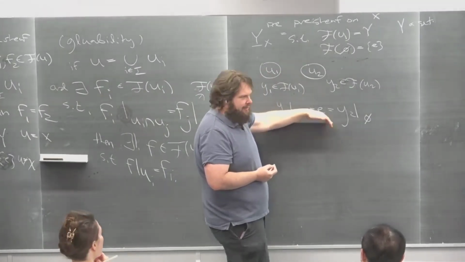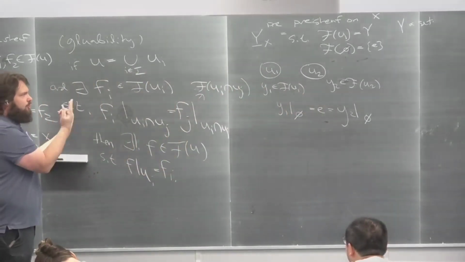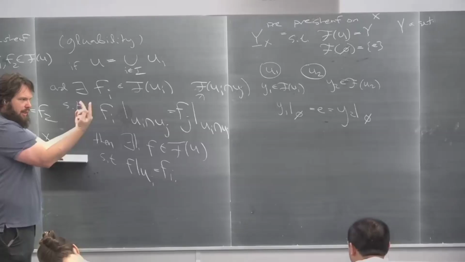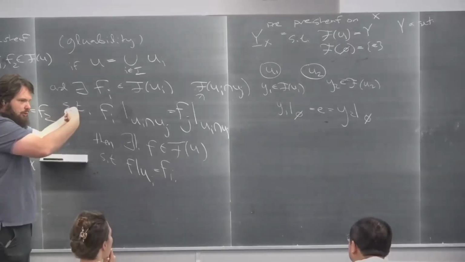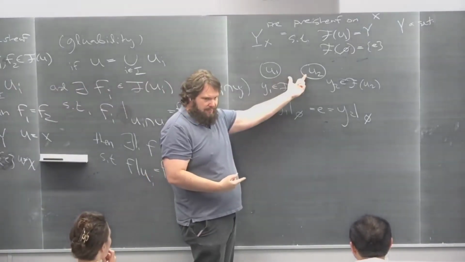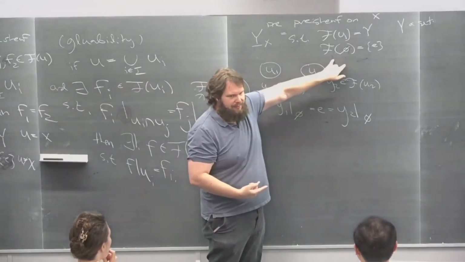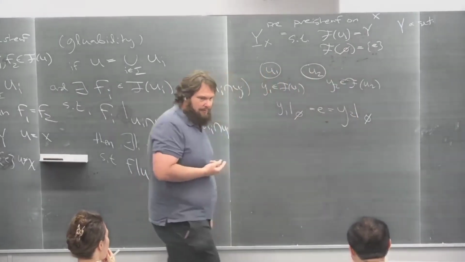I'm trying to break this sheaf condition. So I want to come up with two local sections that agree on the overlap, but which don't glue to a global section, or don't glue to a section on the union. I need to have that the intersection is something different from these guys.